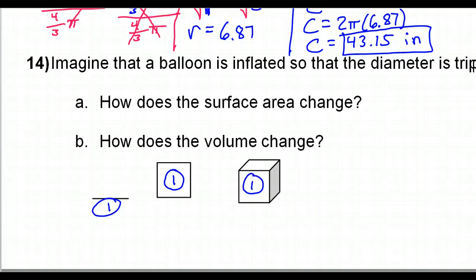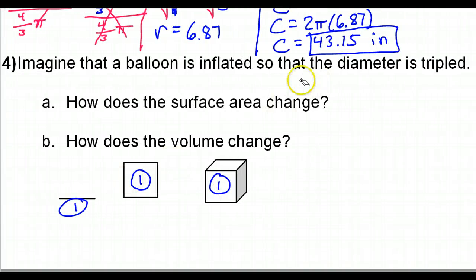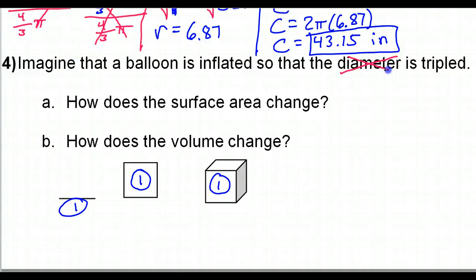Now, let's watch what happens if I change one of these, and let's see how the other ones change. Now, this says the balloon is inflated so that the diameter is tripled. Don't worry about the fact that it says diameter. Diameter is a length. So the key is that the length is tripled.